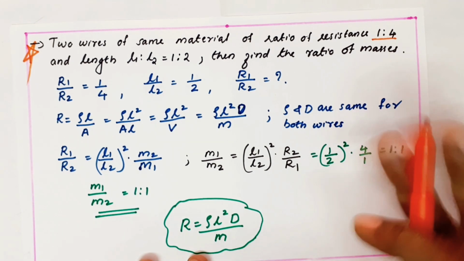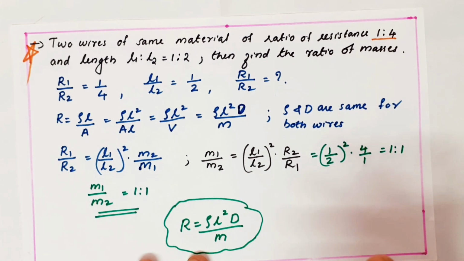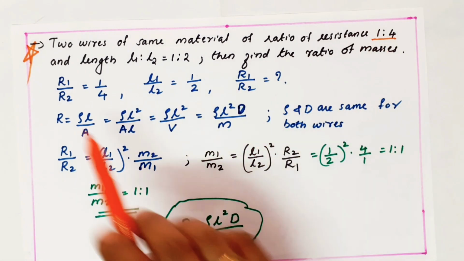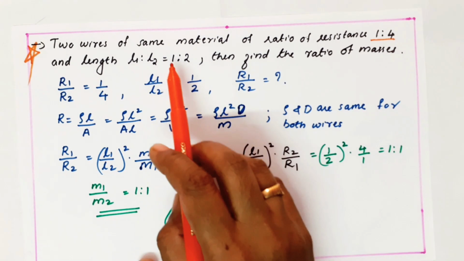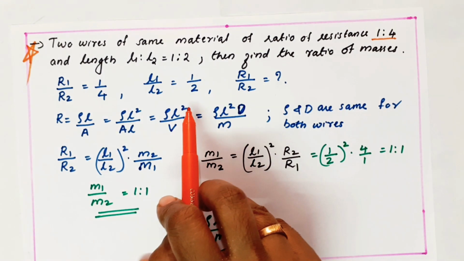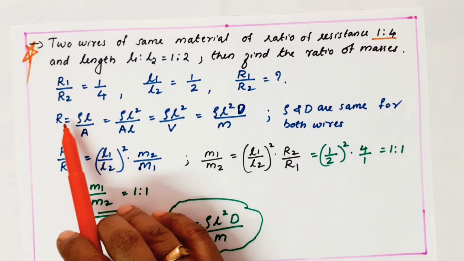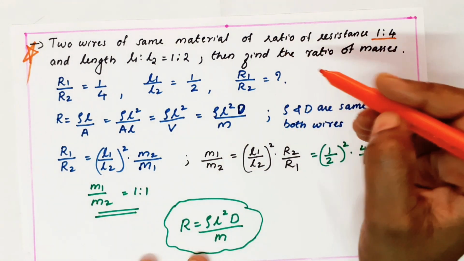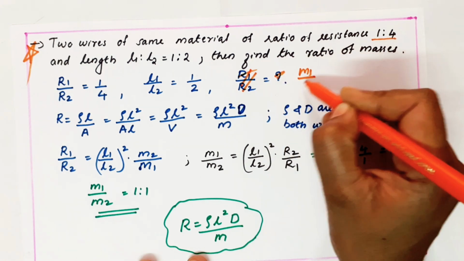Just now we have seen many equations, but in no equation I told about the mass. So they can ask like that also. So I am just writing the given quantity, resistance R1/R2 is 1/4, length L1/L2 is 1/2, and M1/M2 is what we need to find out.